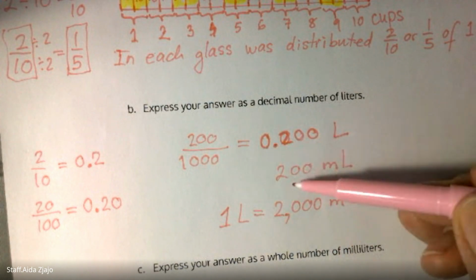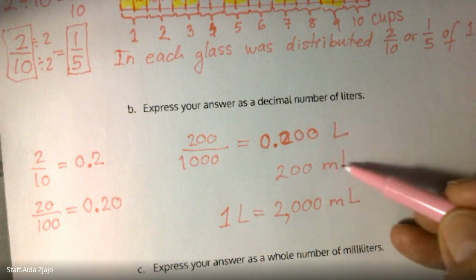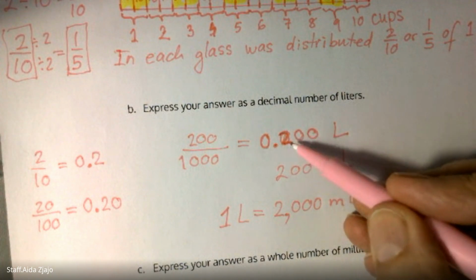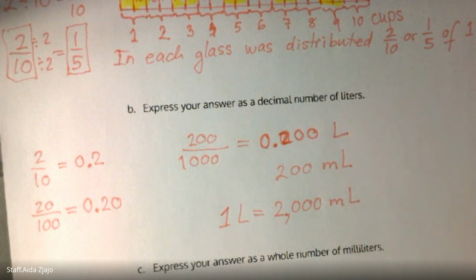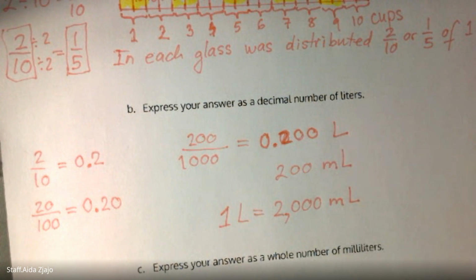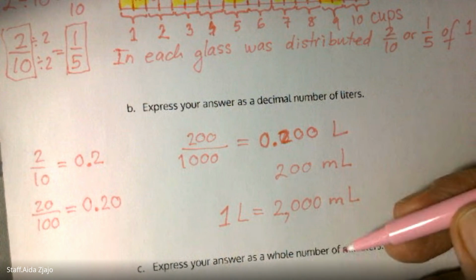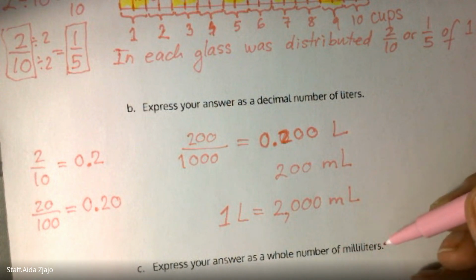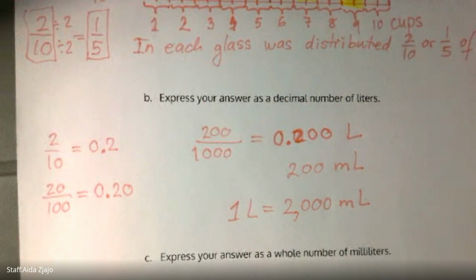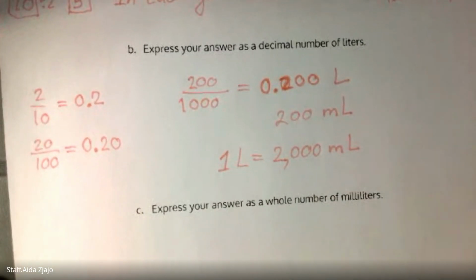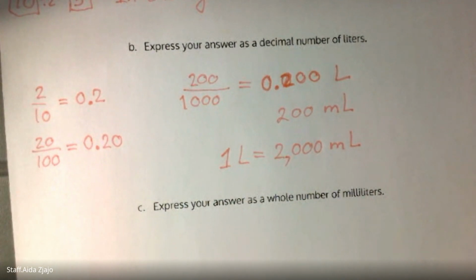If you have 200 milliliters, you have 0.2 or 0.200 of the liter, 200 thousandths of the liter. Express answer as a whole number of milliliters.